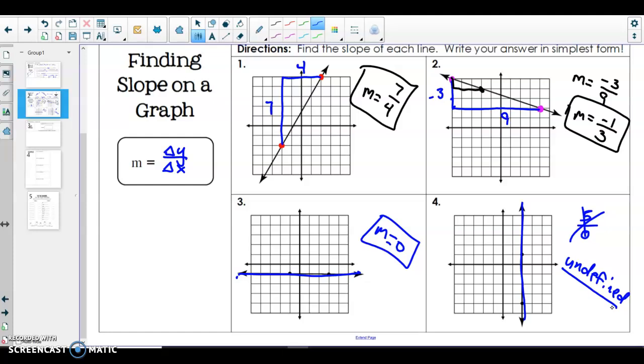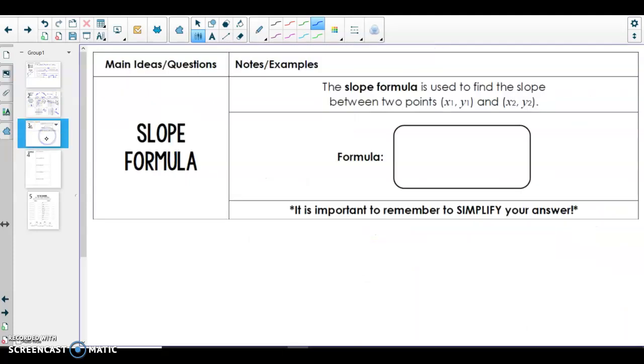I hope you guys are having as much fun as I am. And it gets even better from here because we get to go straight into our slope formula. When you're given points like coordinate pairs like this, we can build a formula as m equals subtract my y values, y2 minus y1, divided by subtract our x values, x2 minus x1.